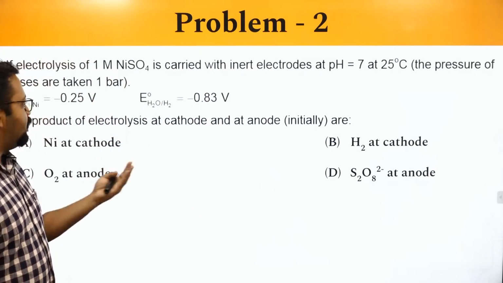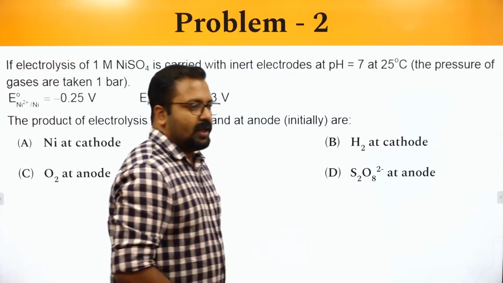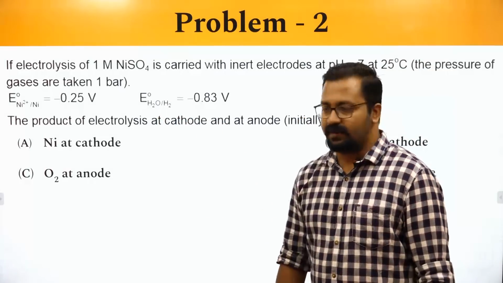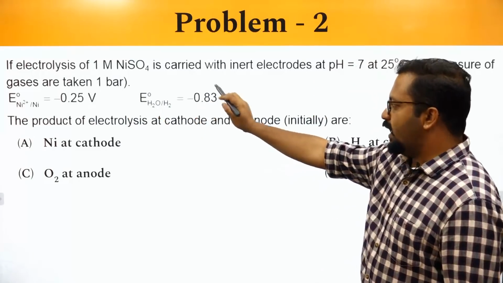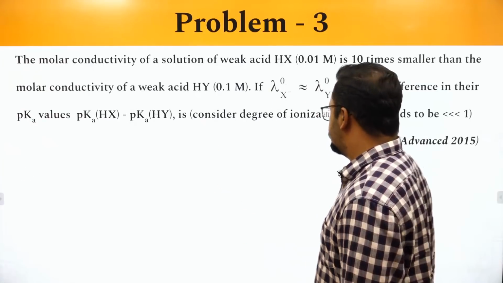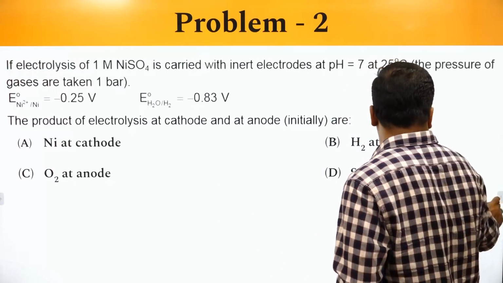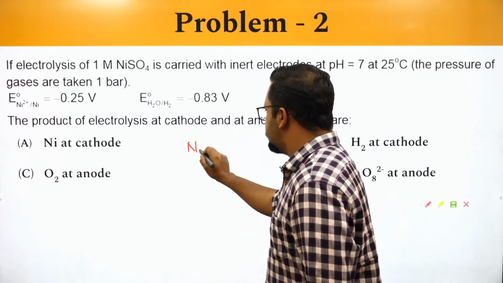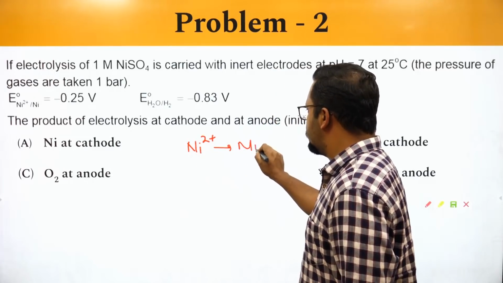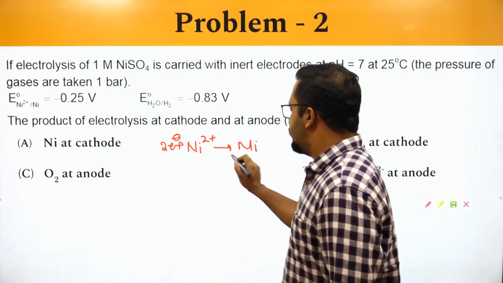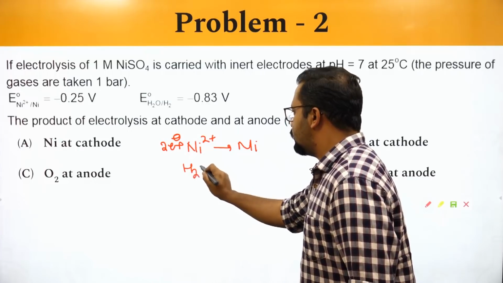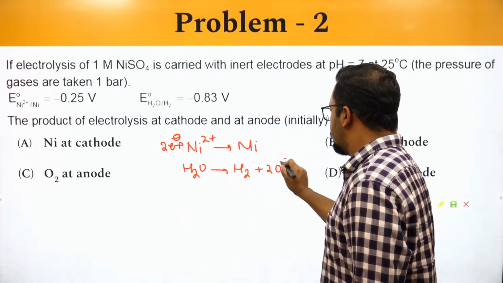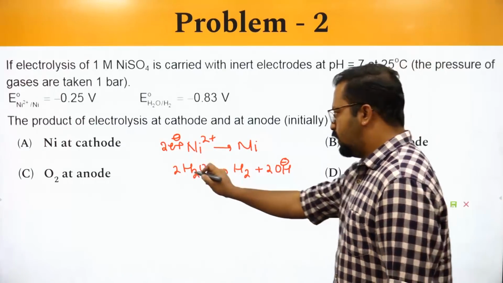If you do not remember, let's say 2 values are given. Nickel reduction potential is given, and H2O's reduction potential is given. So Ni2+ competes with H2O.